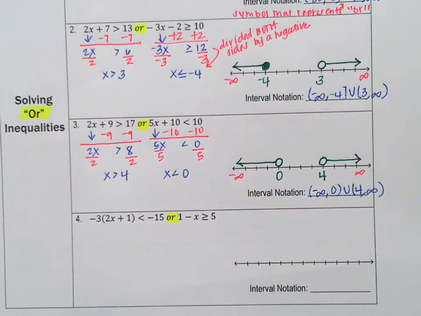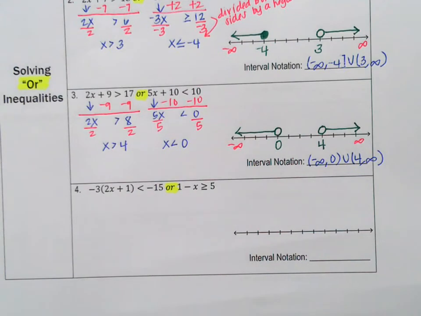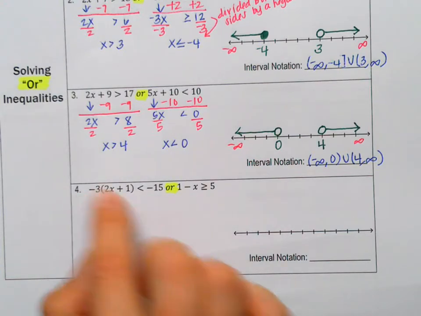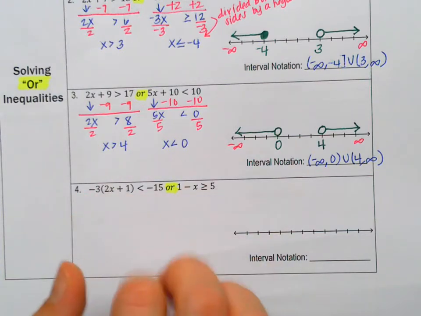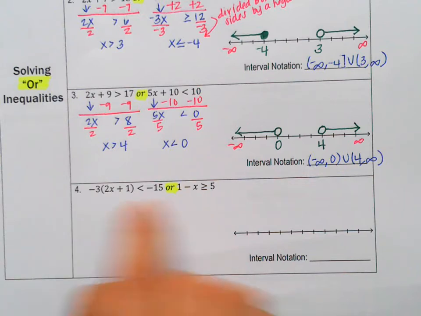Okay, so last one with the OR inequalities. I want you guys to try number 4. Actually, I'll get you started on that one. There's really 2 different ways that you guys can approach this. You can either approach it by distributing and then solving, or you can divide both sides by -3.